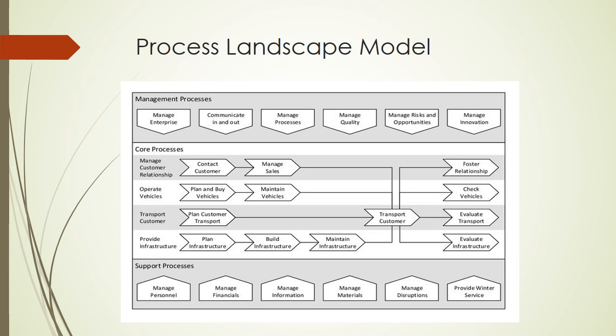Organizations often have more than one end-to-end process, such that different sequences are shown in the process landscape categories of core processes. In the same way, the different processes in the management and the support processes can be seen, where the management processes involve manage enterprise, communicating in and out, and the managed processes: quality management, risk management, and making innovations.